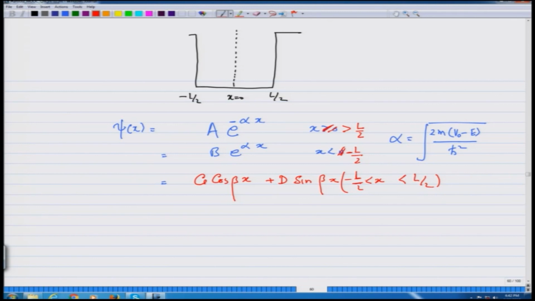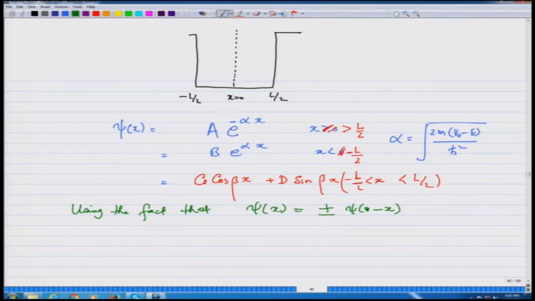These are the solutions. Now, by matching the boundaries at different points, I can find A, B, C and D, but I can do better. Using the fact that psi x is going to be equal to plus or minus psi minus x, I can actually find the relationship between A, B immediately.